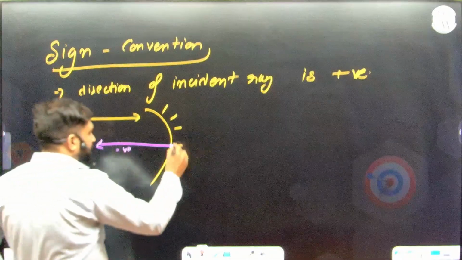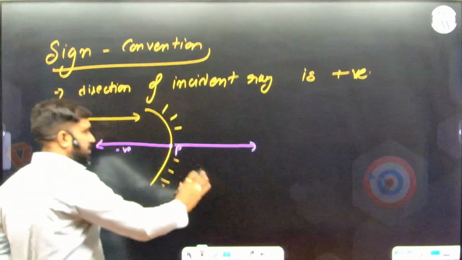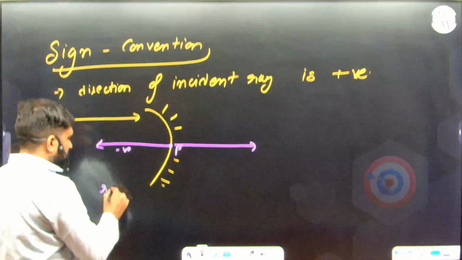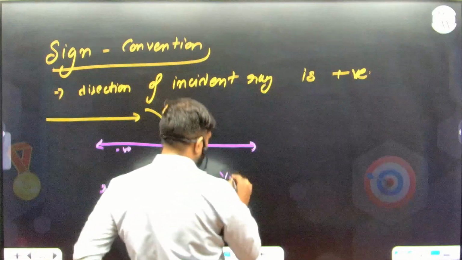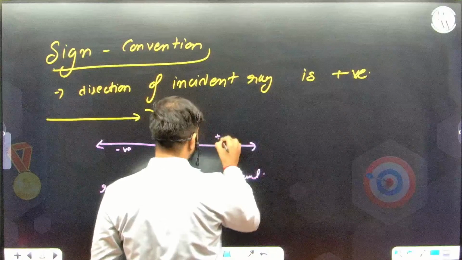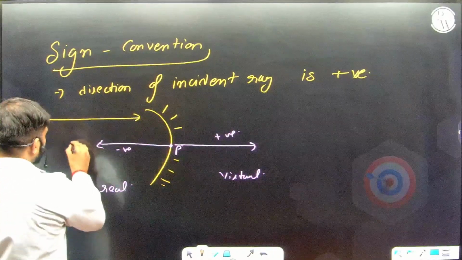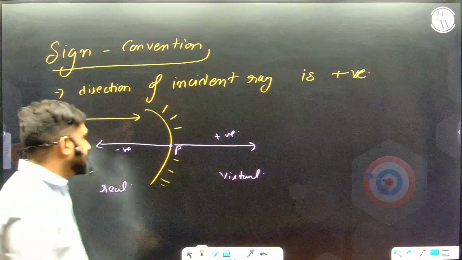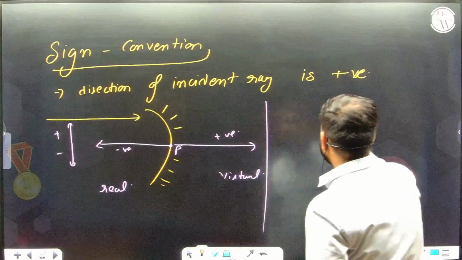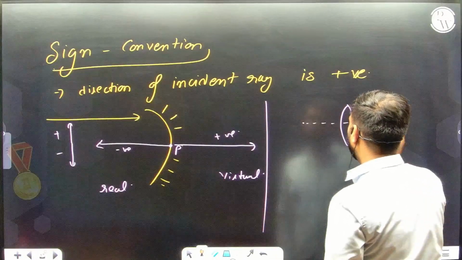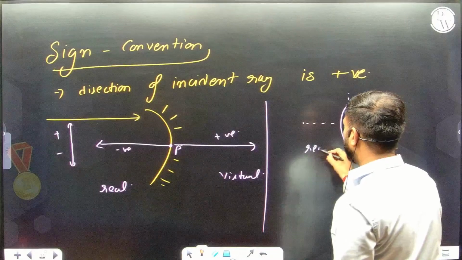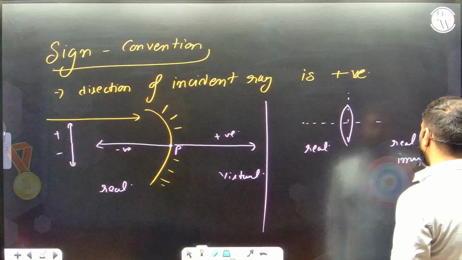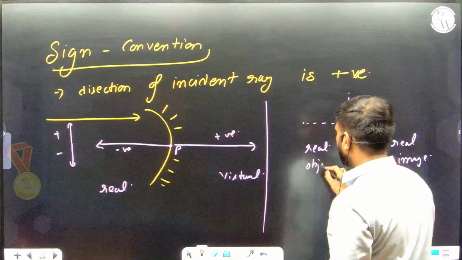If I go in the forward direction, the space behind the mirror is the virtual space, and in front of the mirror is the real space. So the virtual distances are positive. Above the principal axis, distances are taken positive, and below the principal axis, negative. For the lenses, this is the real space for the object, and this is the real space for the image.